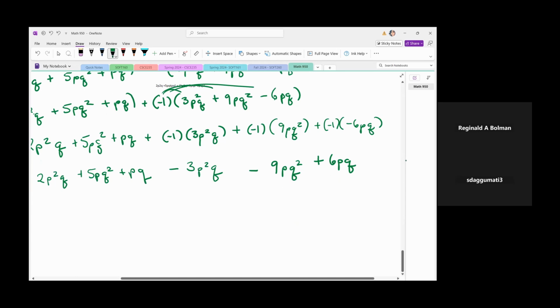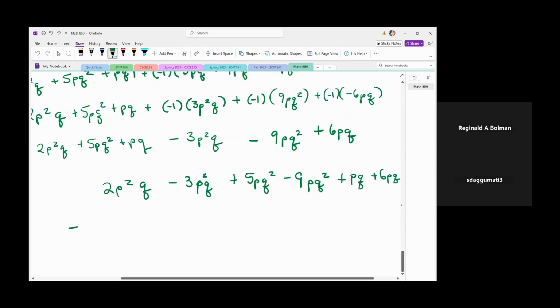And at this point, you can use your commutative law to group up your like terms. So I've got my p squared q's with p squared q's, my 5pq squareds with the negative 9pq squared terms, and then, of course, my pq with my 6pq.